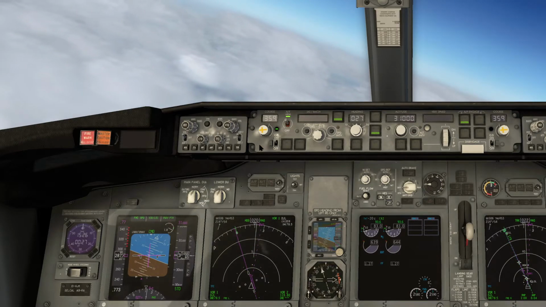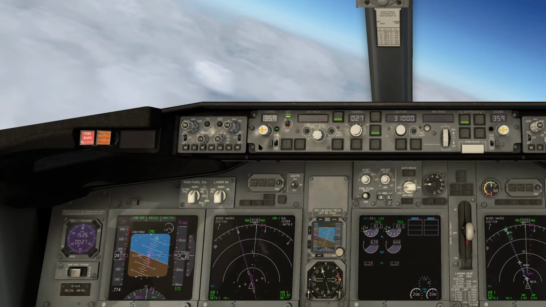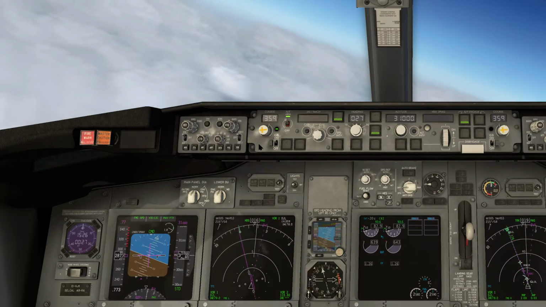And we are now intercepting the 359 course towards Dijon.